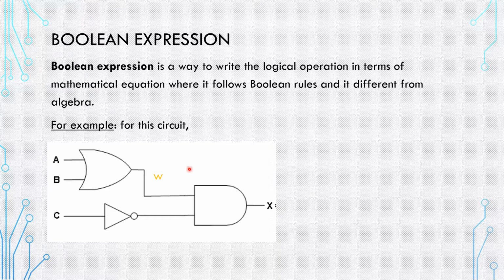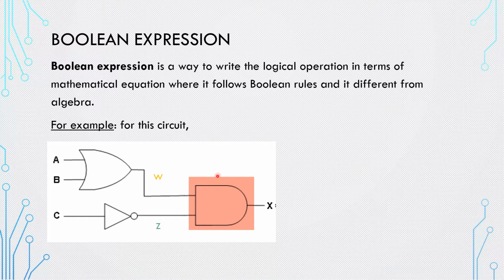First of all, try to identify the intermediate connections. Let's say that the output of this logic gate is W. I can call it any name, so I call it W, and I call this output Z. Now I want to go gate by gate. I need to know the equation for each gate based on the relation between input and output.